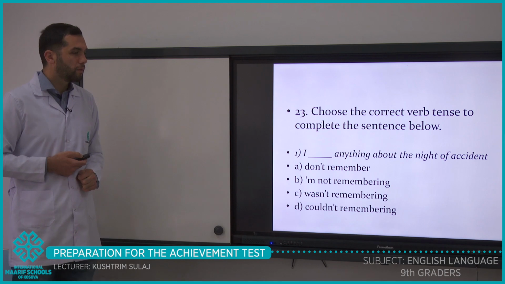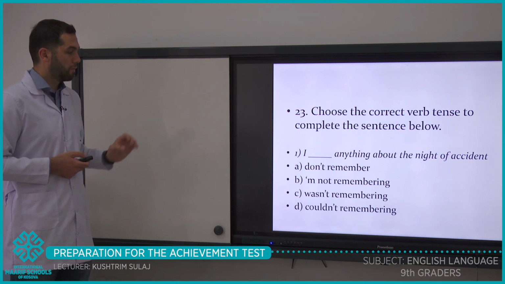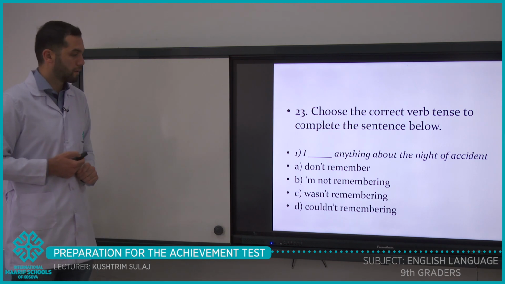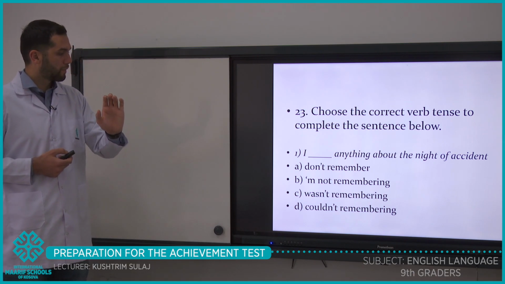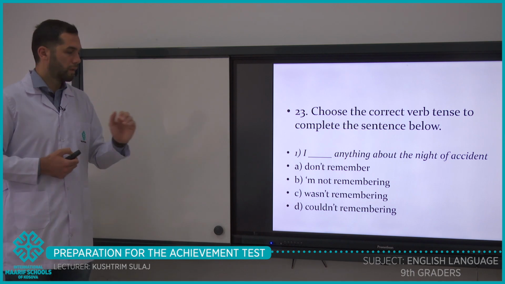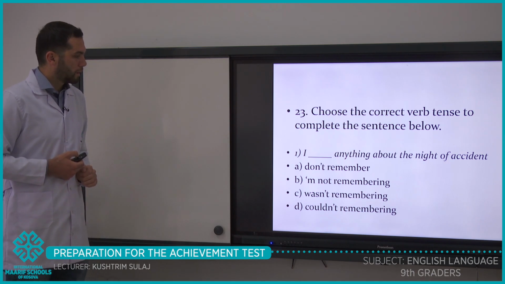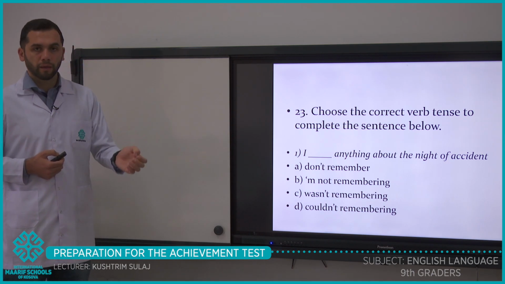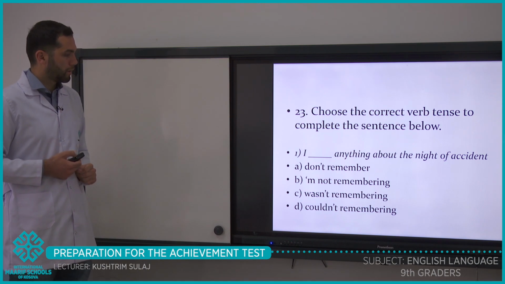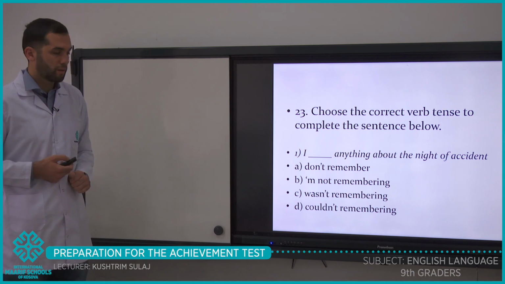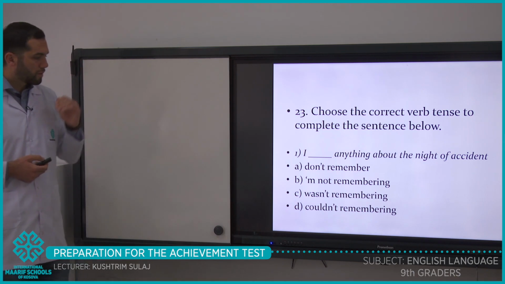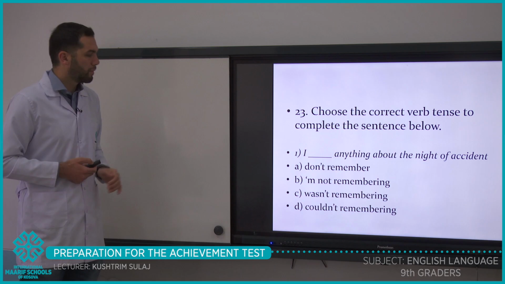Remembering is only used as a gerund if you want to start the sentence with it. You say, remembering for old people or the elder generation is a healthy thing. So that's a gerund, but it's not used in the middle of the sentence. And then wasn't remembering again, couldn't remembering.